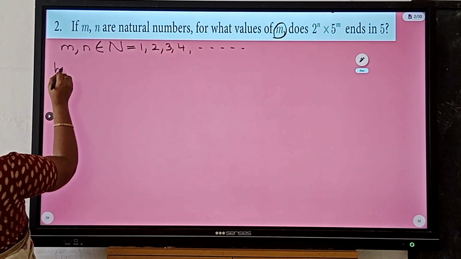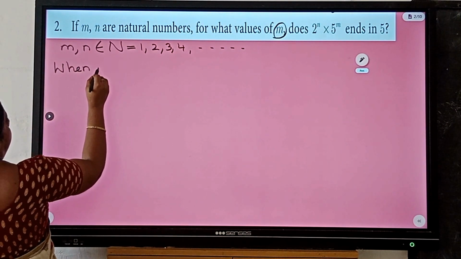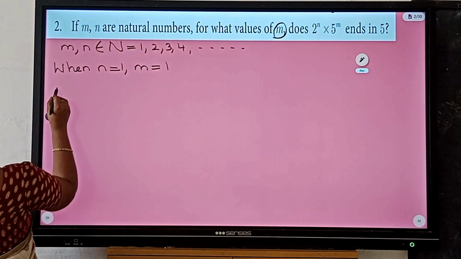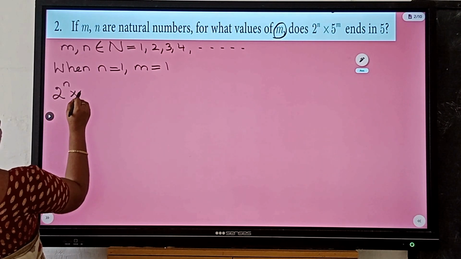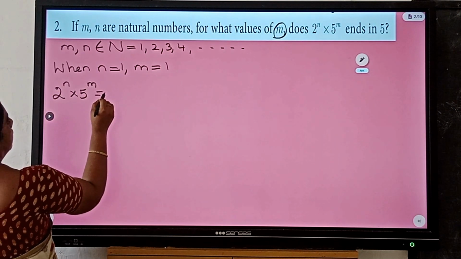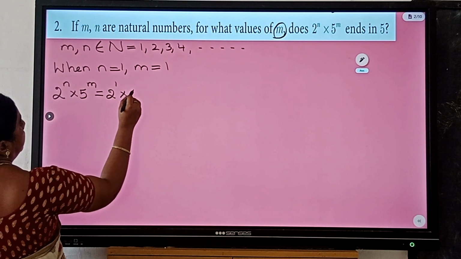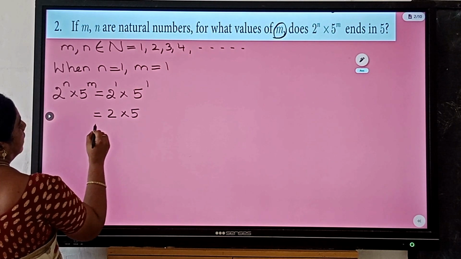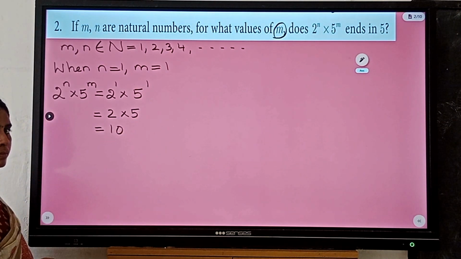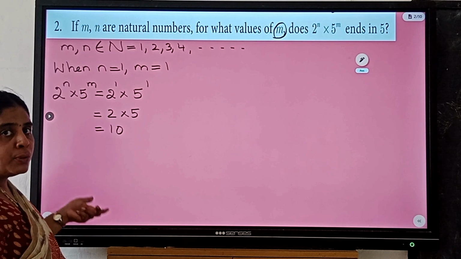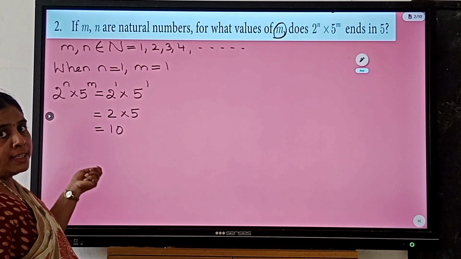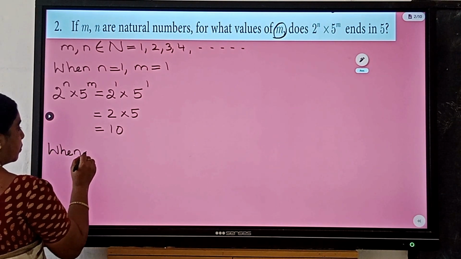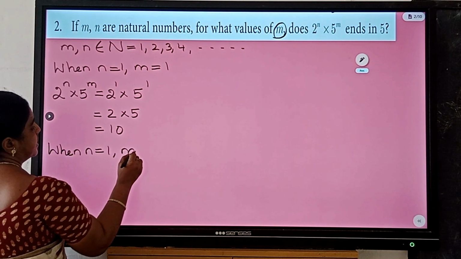We will substitute the values and see when the answer ends with 5. Now I am taking n as 1 and m as 2.